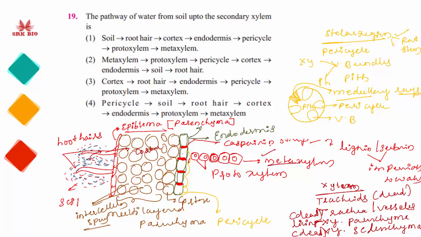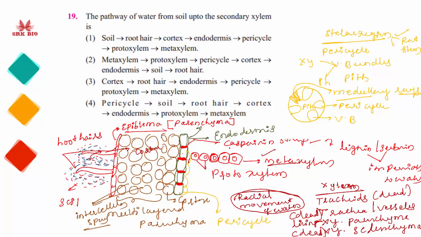So this movement of the water from soil up to the xylem within the root is called the radial movement of water. Radial movement of the water is possible because of the presence of Casparian strips.